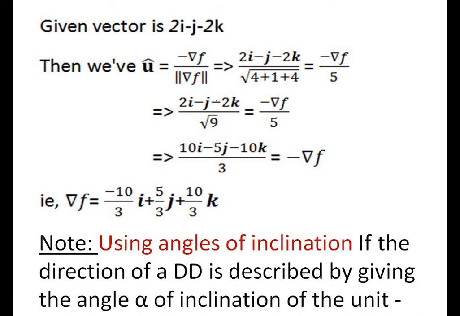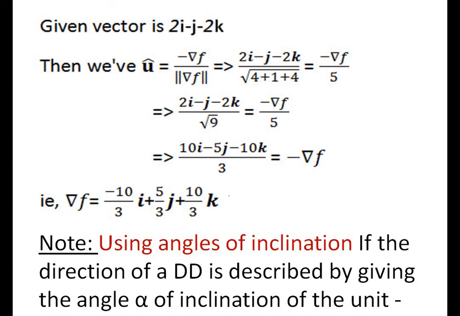That implies 2i minus j minus 2k by root 9 equals minus del f by 5. Cross multiplying by 5, we get minus 10i minus 5j minus 10k by 3 equal to minus del f. Then we get del f equal to minus 10 by 3 i cap plus 5 by 3 j cap plus 10 by 3 k cap.